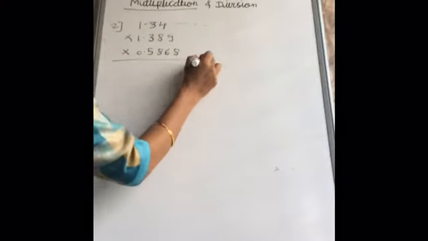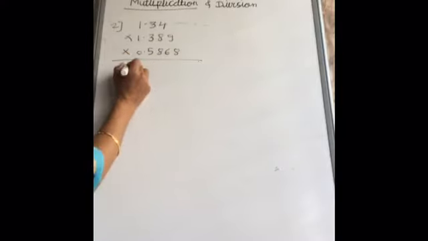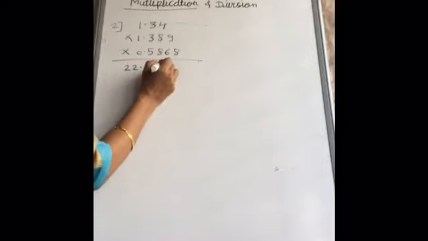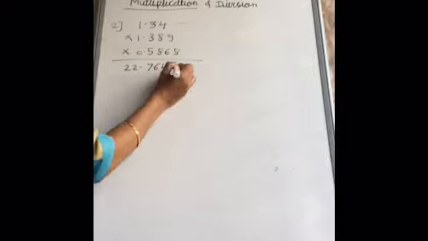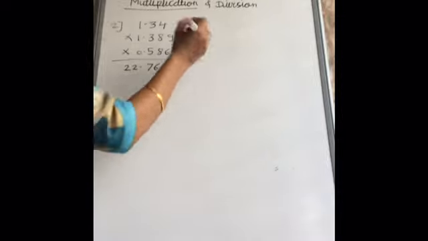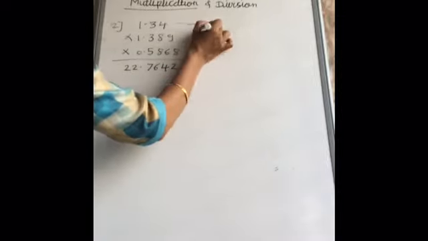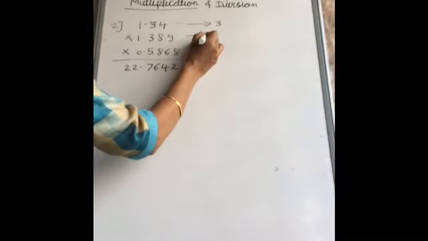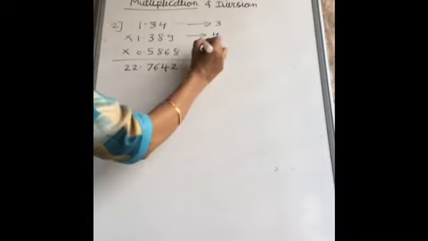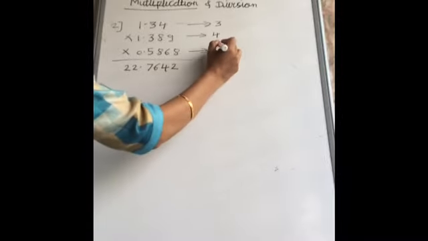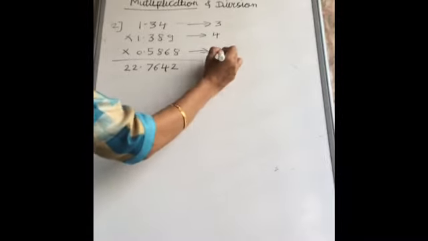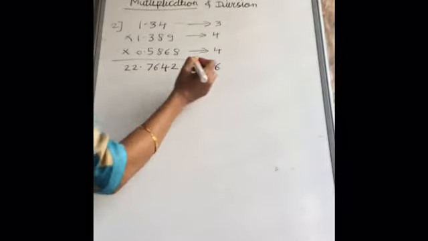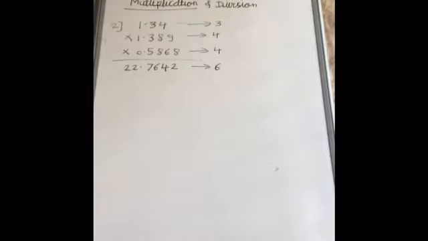If you multiply this, your answer is 22.7642. The first number has three significant figures, the second has four, this one also has four, and the answer has six significant figures.